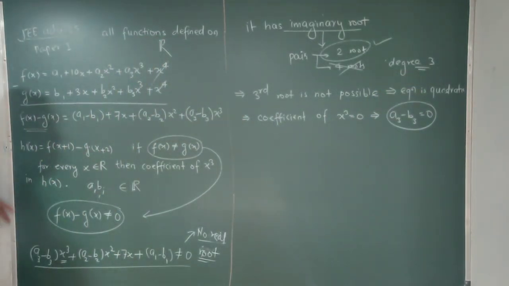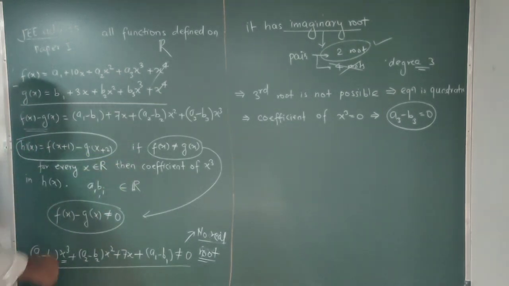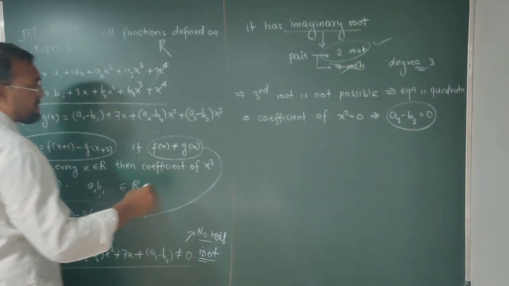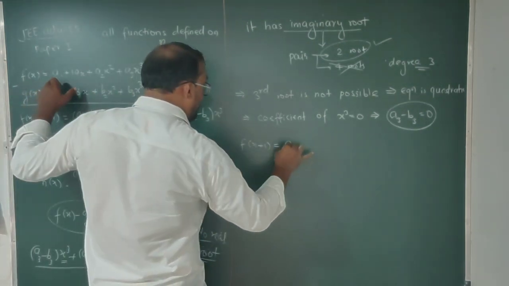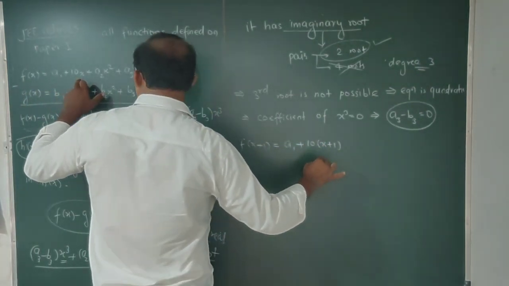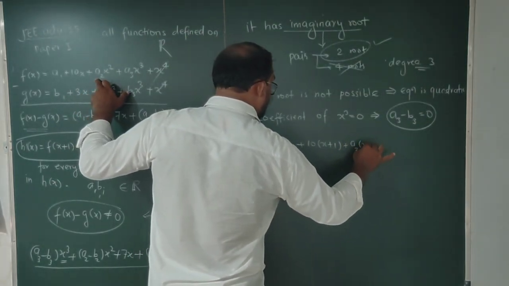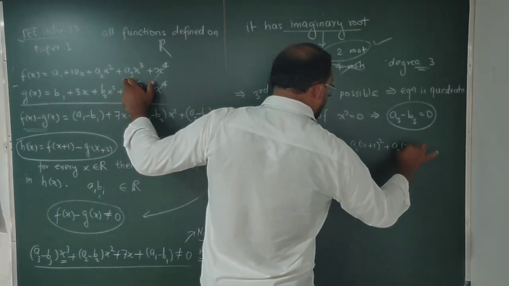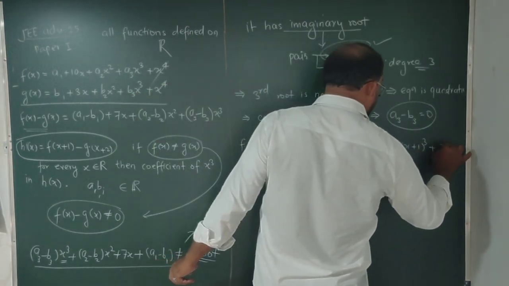Now, the second condition given is h of x, where we need the coefficient of x cube. Now let's expand h of x. So f of x plus 1, put x plus 1 in place of x. I'll just write this: a1 plus 10 times x plus 1, plus a2 times x plus 1 whole square, plus a3 times x plus 1 whole cube, and plus x plus 1 to the power 4.